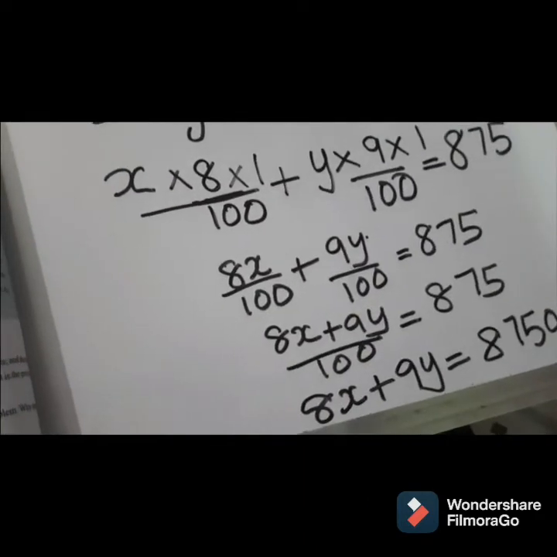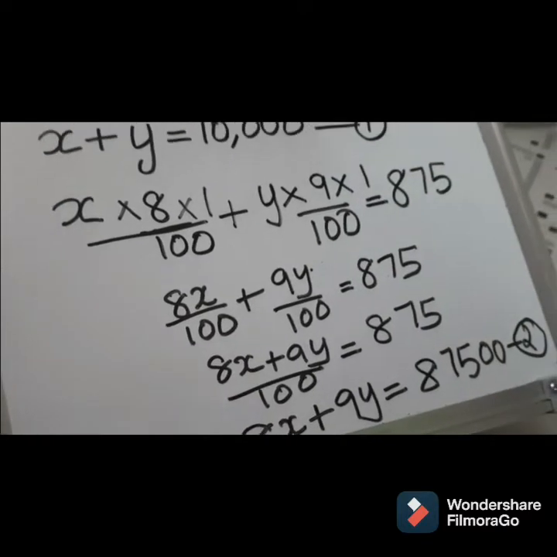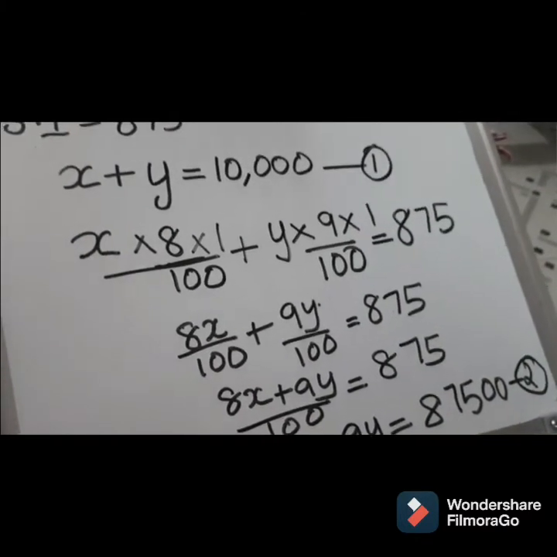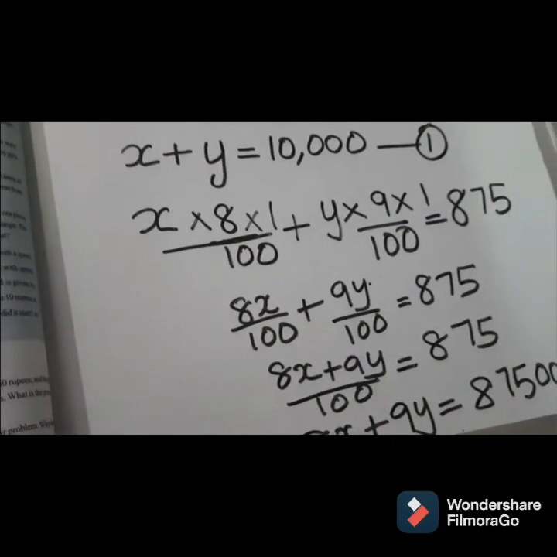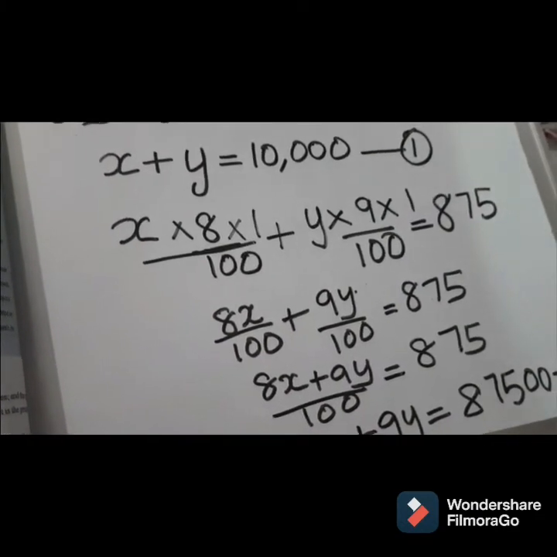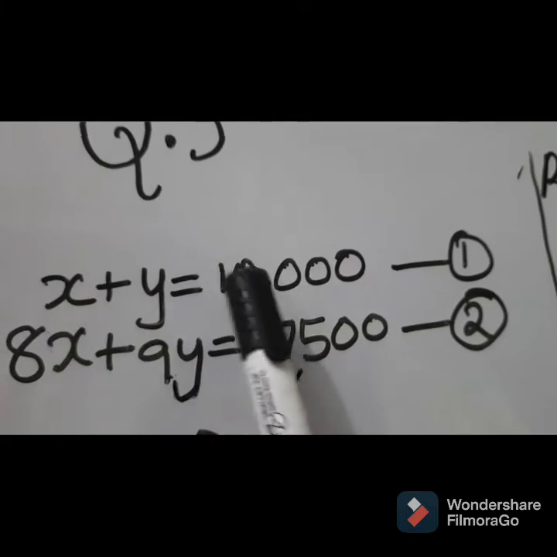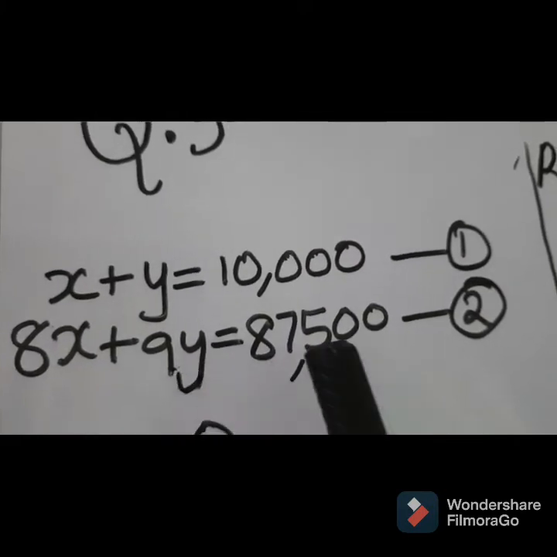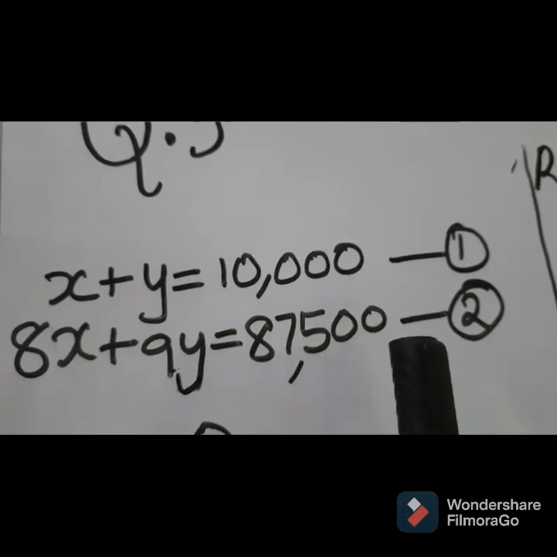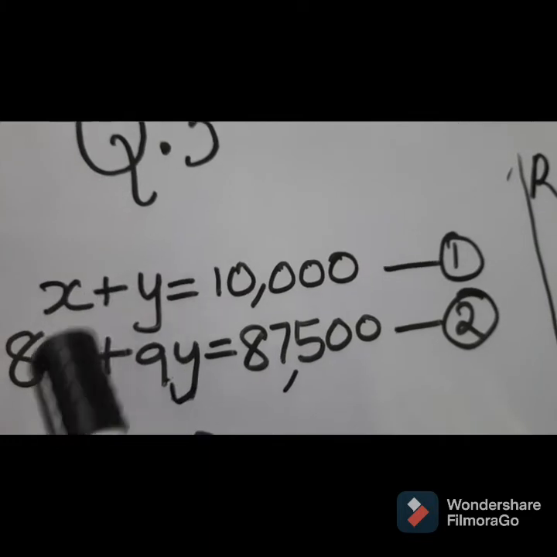Second equation we get 8X plus 9Y equal to 87,500. We want to solve this. Using these equations we can solve X and Y. Here we get two equations, X plus Y equal to 10,000, 8X plus 9Y equal to 87,500. So we can solve.